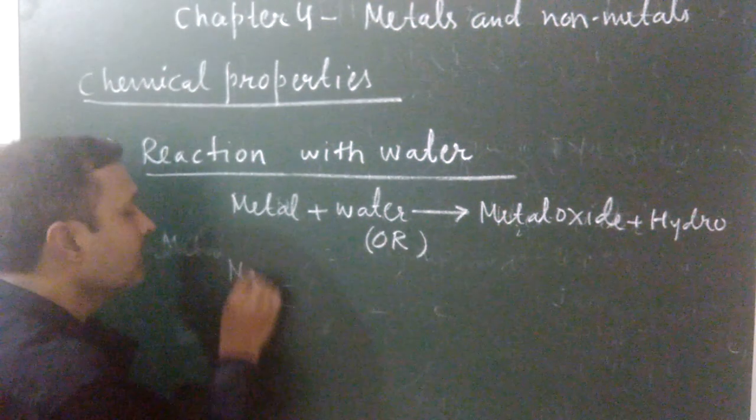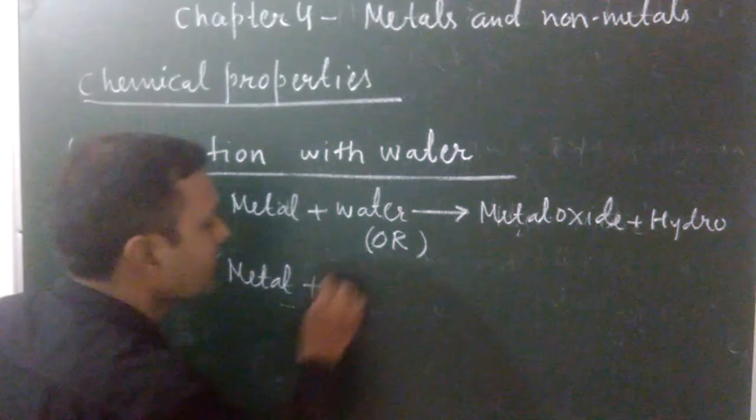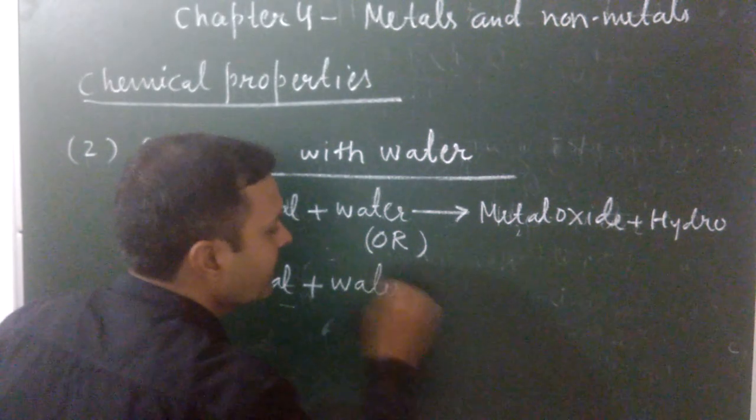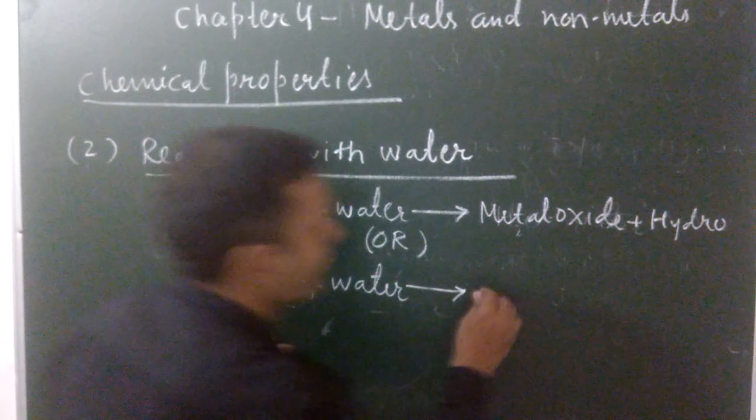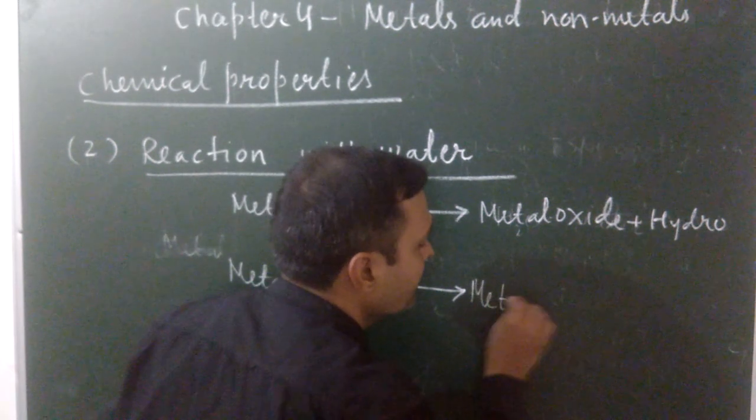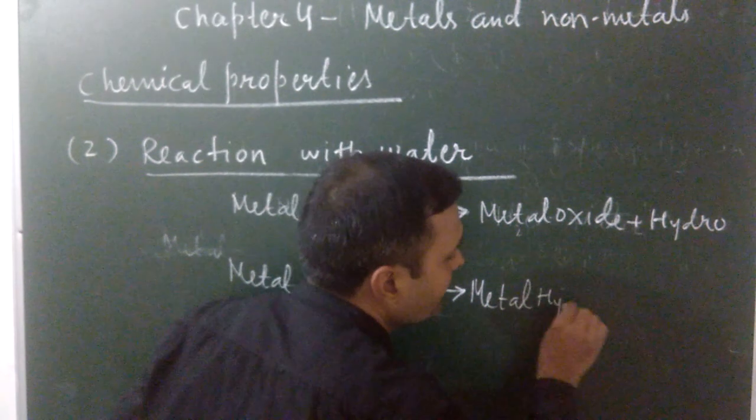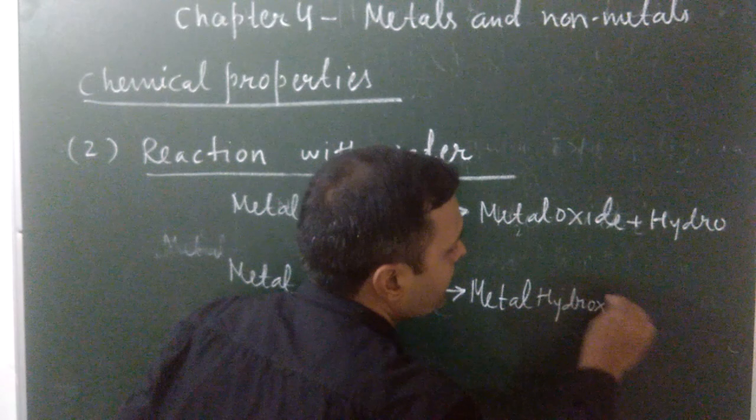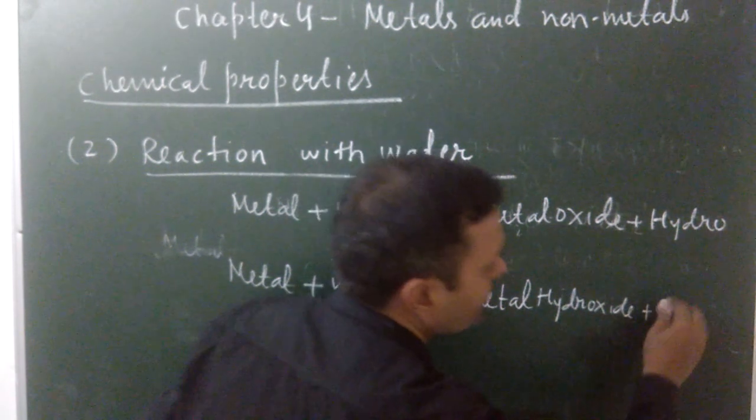Again, metal plus water gives metal hydroxide. When OH is present, it is metal hydroxide. Metal hydroxide plus hydrogen gas.